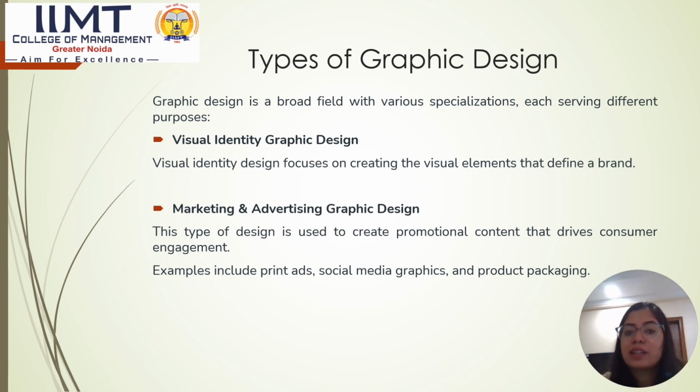That designing which focuses on creating the visual elements that define a specific brand. Designers in this field develop logos, typography, colors, and brand guidelines to ensure consistency across all the brand materials.